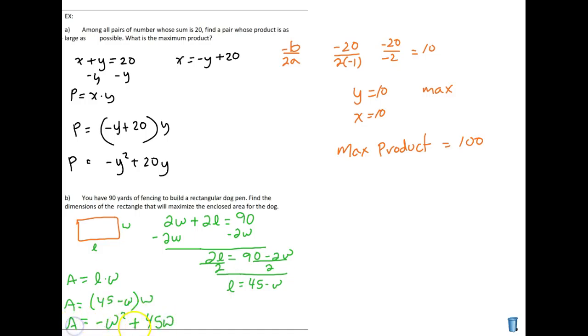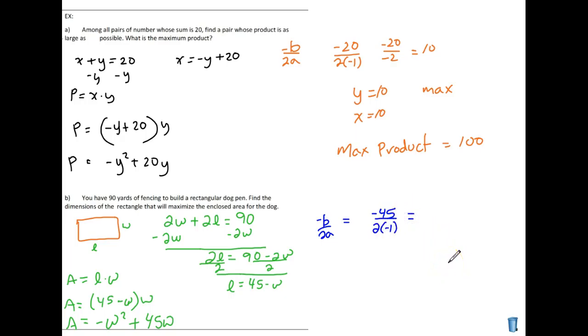Notice again, this is a quadratic. Notice again, the a value is negative, so it's opening down, which is good because we want to find a maximum. So we do the negative b over 2a piece, which is negative 45 over 2 times negative 1.